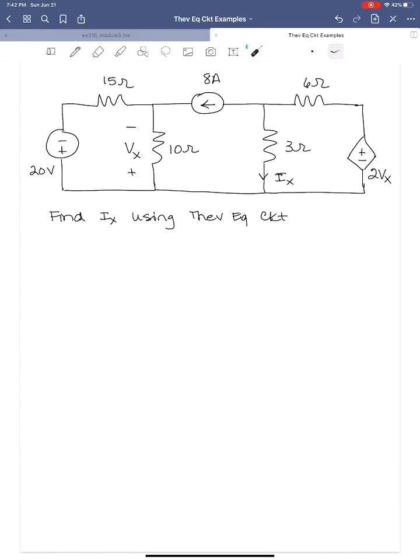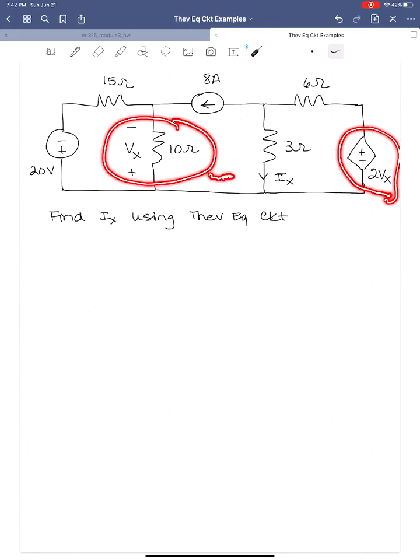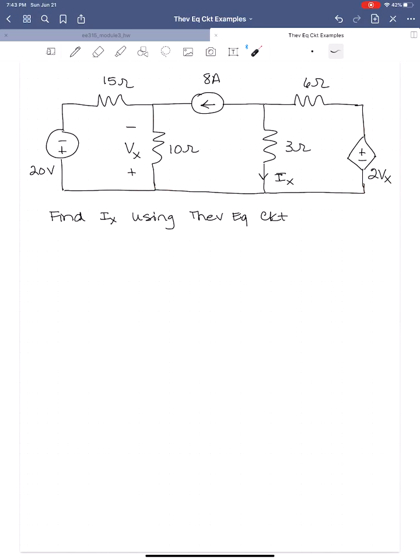It gets a little dicier when we have a dependent source in the circuit, because the dependent source and the element that controls it both have to be in the circuit network, or they both have to be in the load. So if you want to solve for Vx, since it controls that dependent voltage source, they both have to be in the load, and that's hard to do. So be very careful about that.